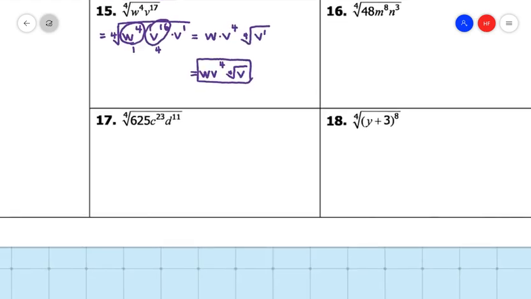And last one, 17. We have a number in the front, so I'm going to rewrite it using its prime factors. 5 to the 4th power times c to the 23rd times d to the 11th.